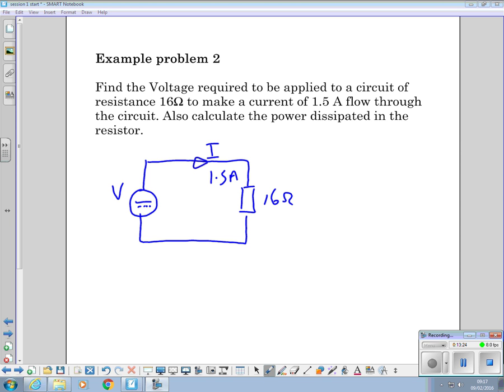So, how do we find V then? V equals I times R, 1.5 times 16 equals 24 volts.